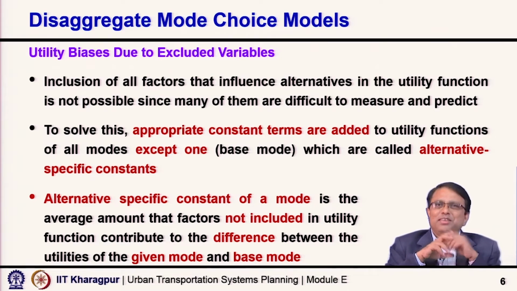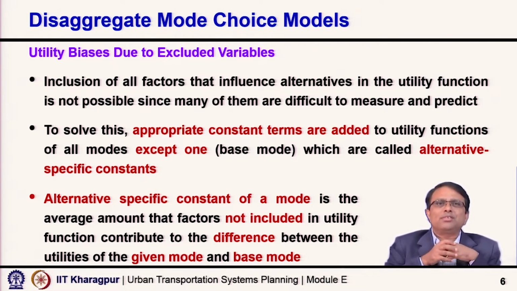So what I said here, now look at this write-up. Inclusion of all factors that influence alternatives in the utility function is not possible, since many of them are difficult to measure and predict. Also, getting the data, many other challenges could be there.